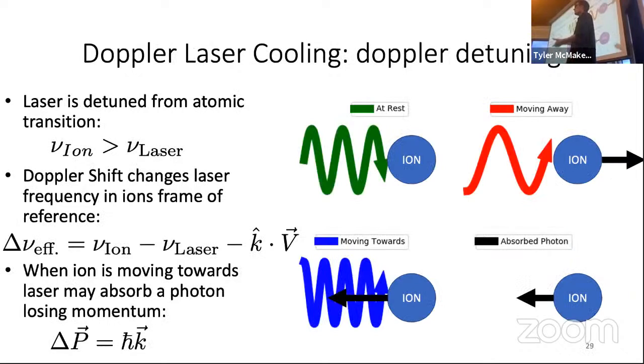So now how do I control when the catcher catches these photons? Because if the truck comes to a stop and I'm still catching ping pong balls, eventually I'm just going to start heading back the other direction. So how do I actually control that? Well, you can control it by detuning the laser light from this transition.